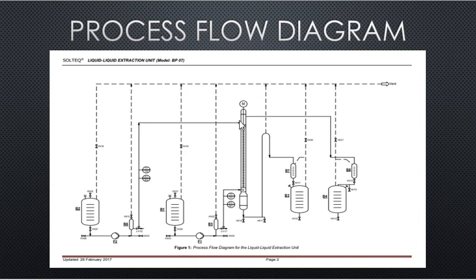After the process in the rotating disc column is done, the raffinate samples and the extract samples are collected into B3 and B4, which we call the receiving vessels.